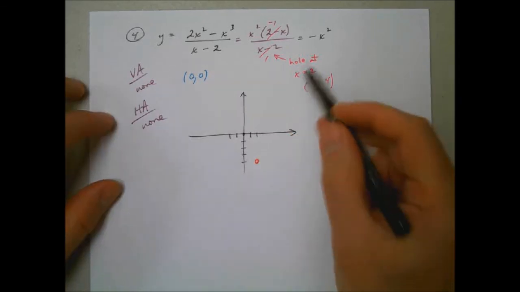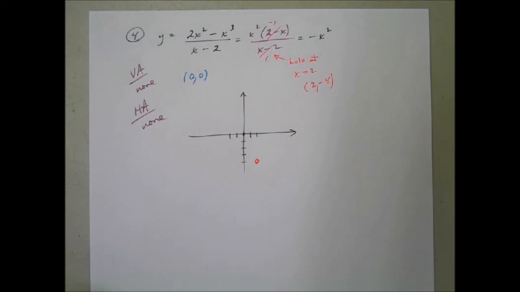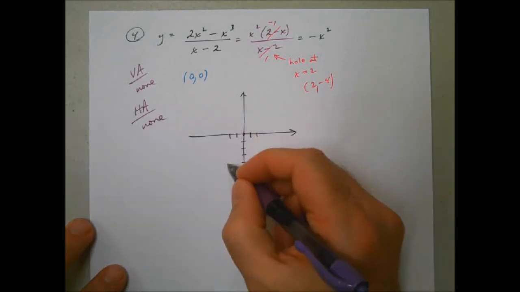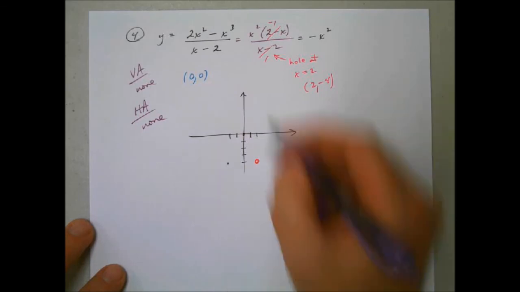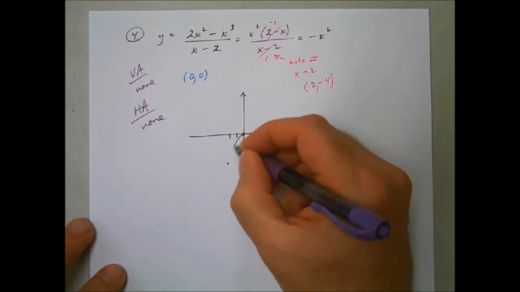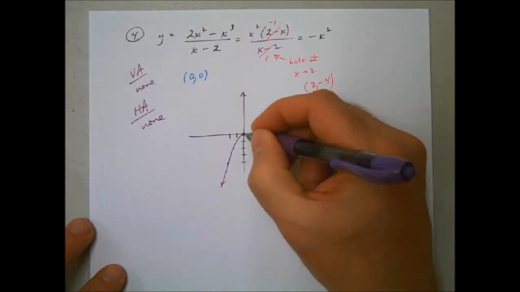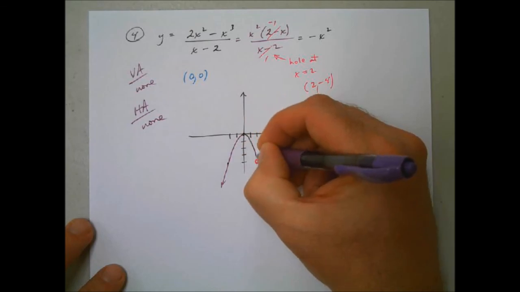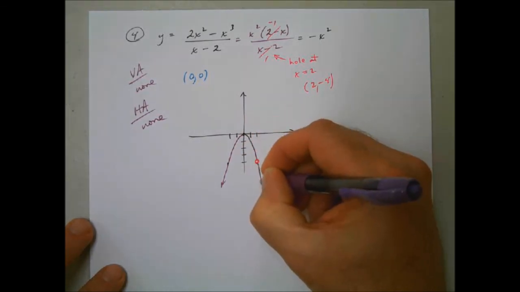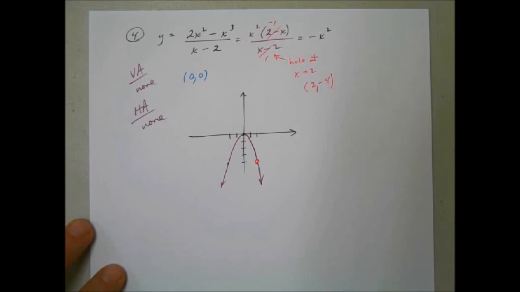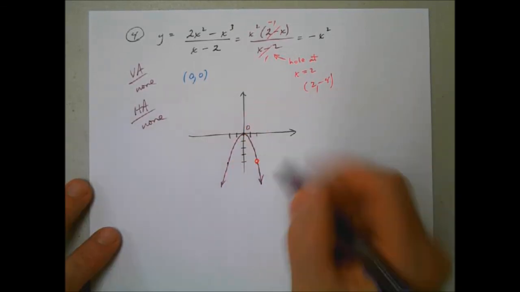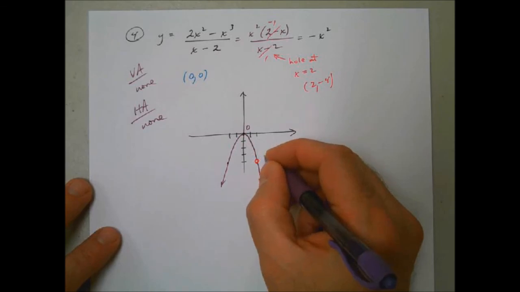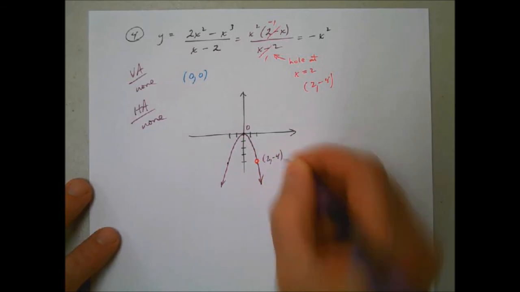Remember, it is just a parabola, so there's some symmetry going on. So negative 2, negative 4 would be another point on there, and it's doing something like this. Label 0, that's the origin right there, and here's my hole at 2, negative 4.